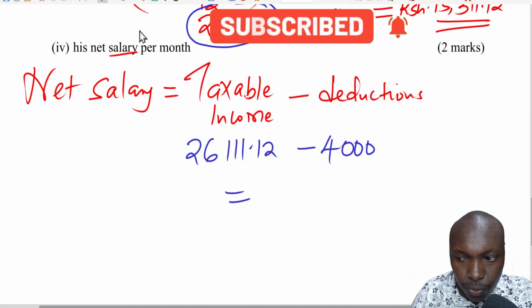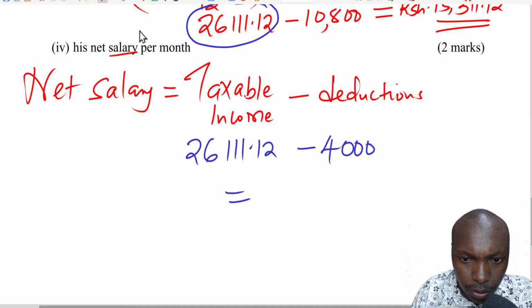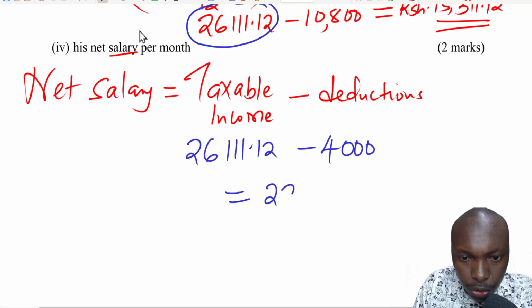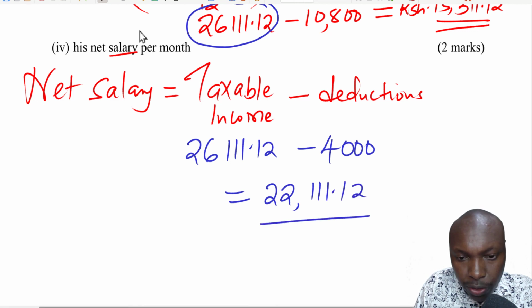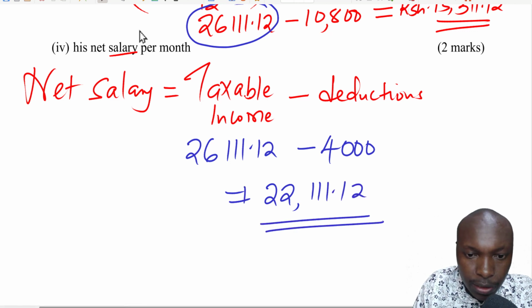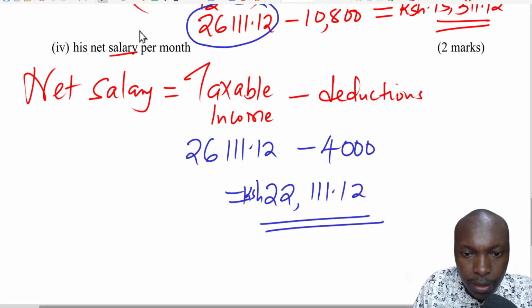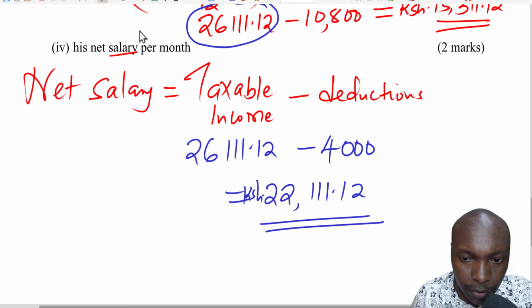And now when you work that out, this will give 22,111.12, and this one is in Kenyan shillings. And that is simply how you're supposed to solve a question on reverse taxation. Thank you.